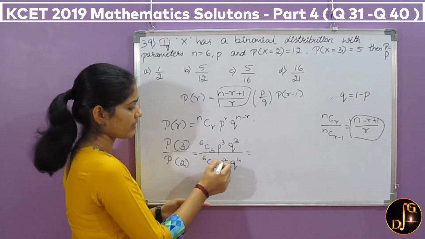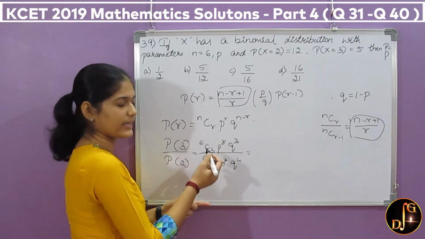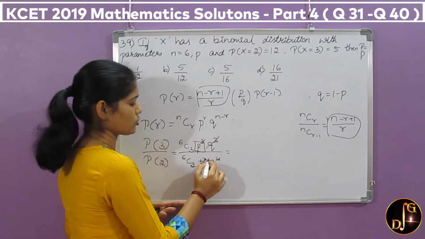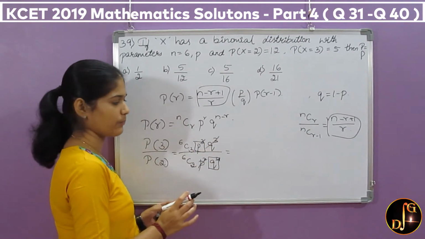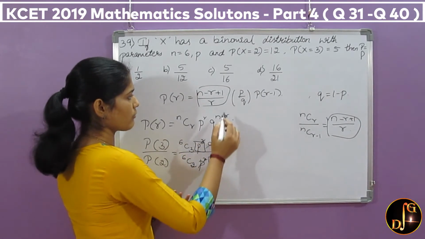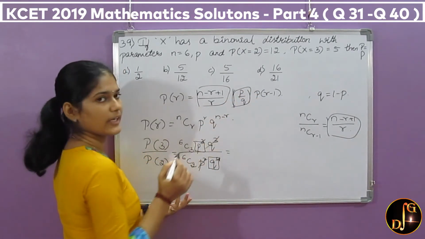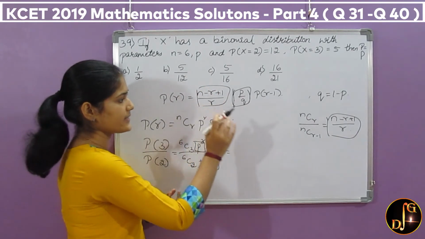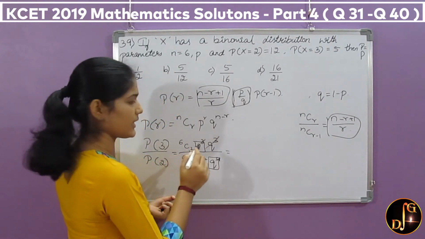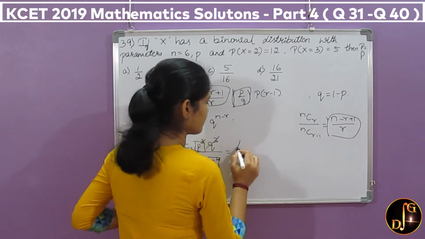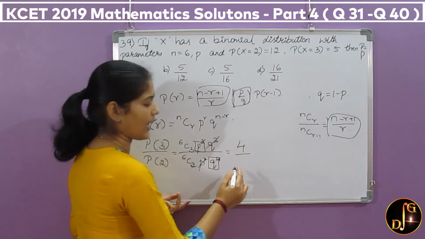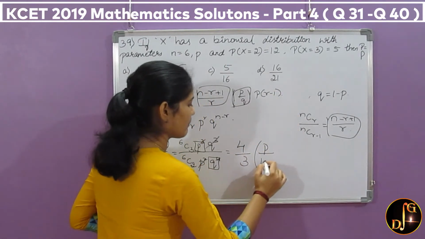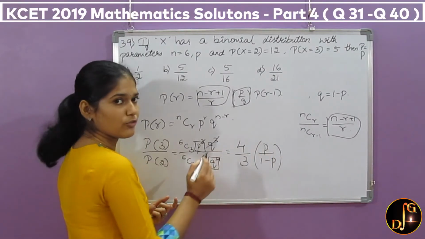And here p square and p square get cancelled, so we are left with 1 p. q cube and q cube get cancelled, so we are left with only q. That means here also we will get the same term, that is p by q. Right? Now let's find the value. That is n means 6 and r means 3, so 6 minus 3 plus 1 gives 4, divided by r which is 3, into p by q, which can be written as p by 1 minus p. We have to find p now.